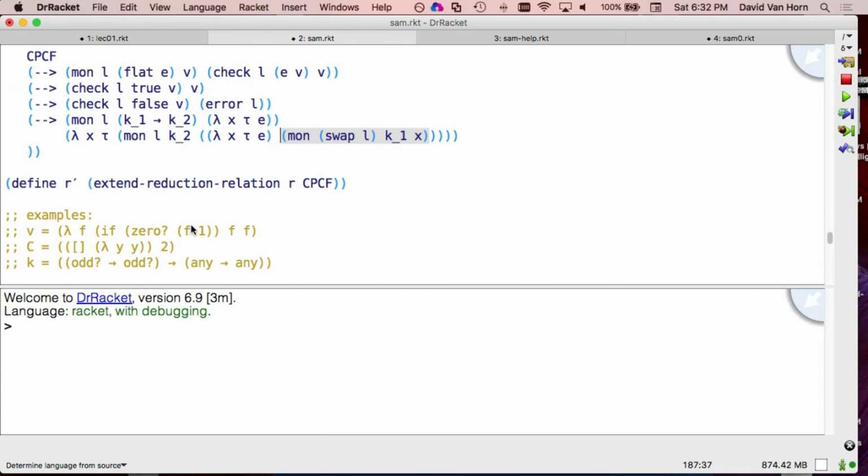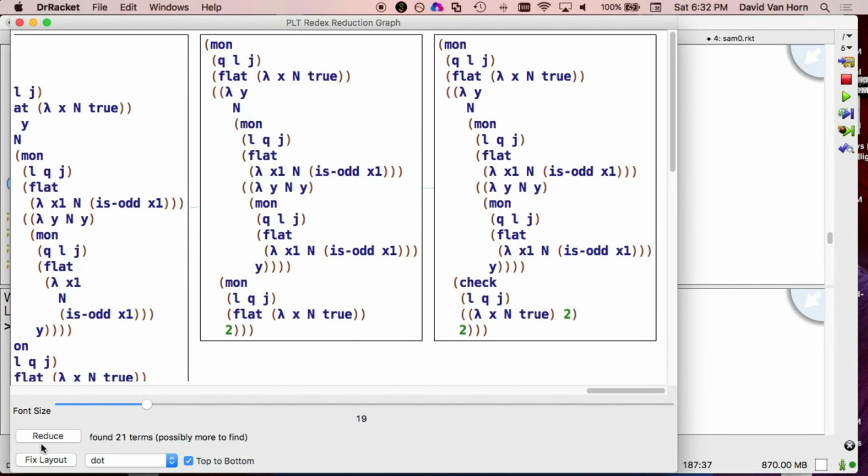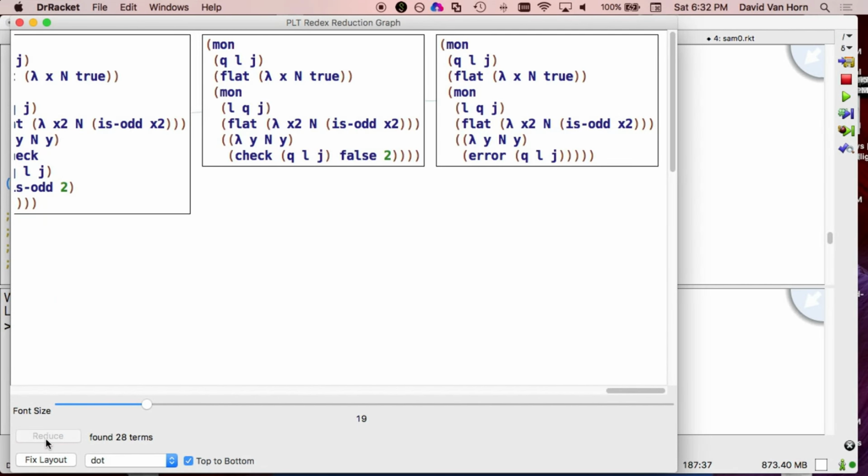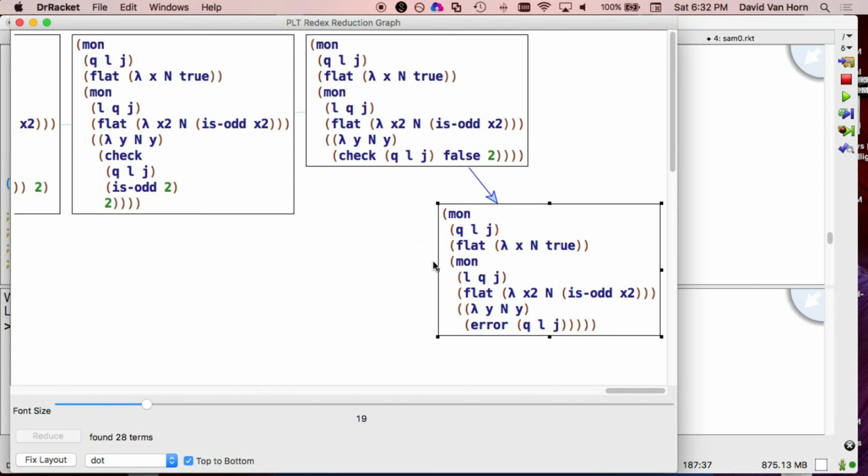So here it says there's 21 terms with possibly more to find, so let's keep going. It eventually bottoms out after taking 21 steps to this thing, which is not a value. It's actually just stuck, because it has this error term inside of it.